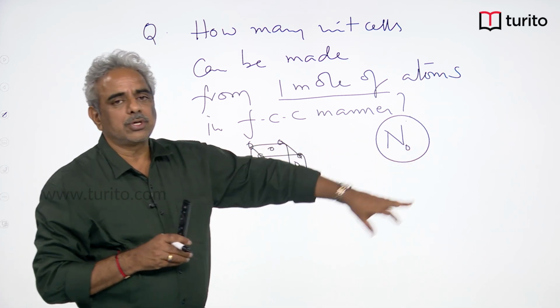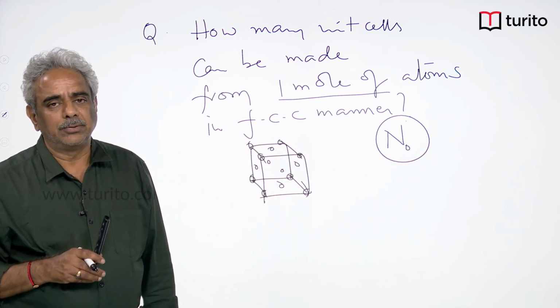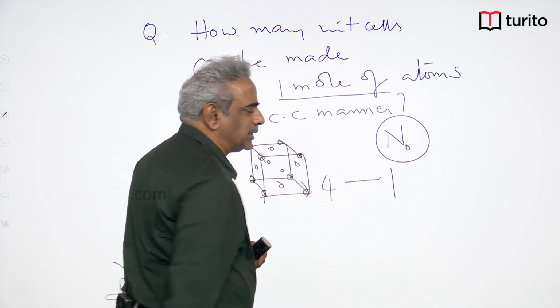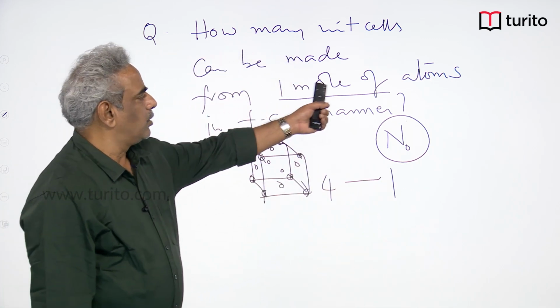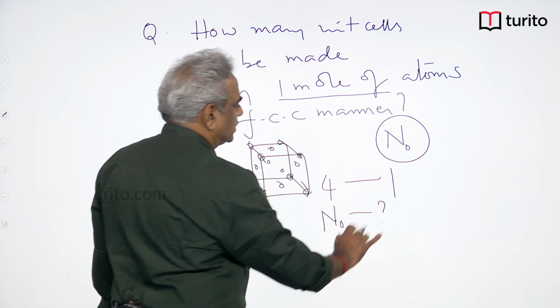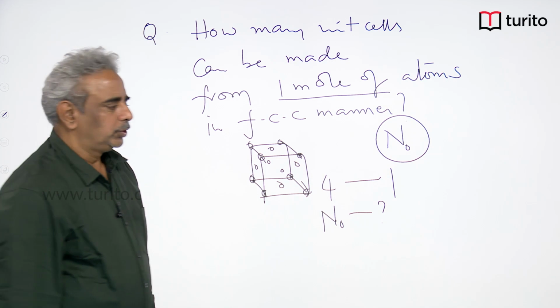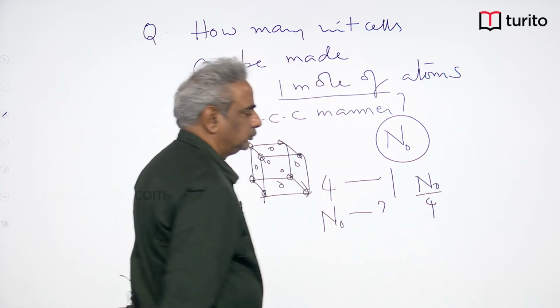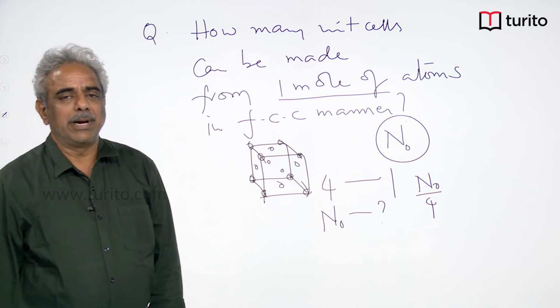Using n naught atoms, how many unit cells can I make? So, 4 atoms can produce 1 unit cell. I have got 1 mole of atoms, means Avogadro number of atoms. How many unit cells can I produce? So, n naught by 4. As simple as this.